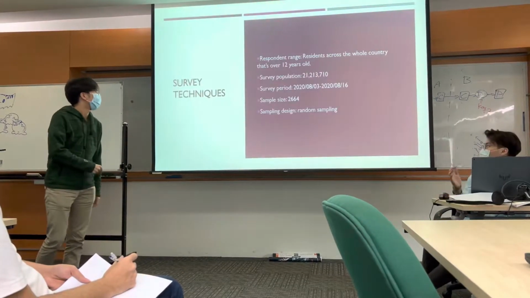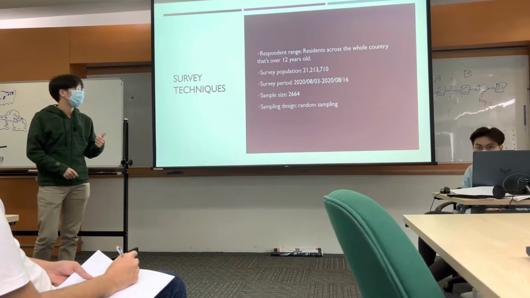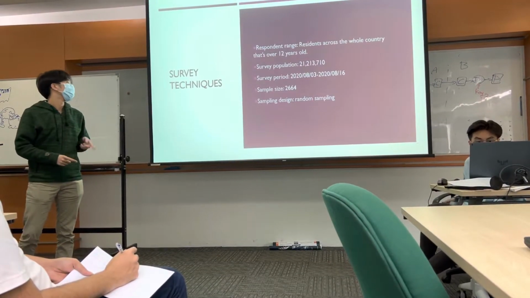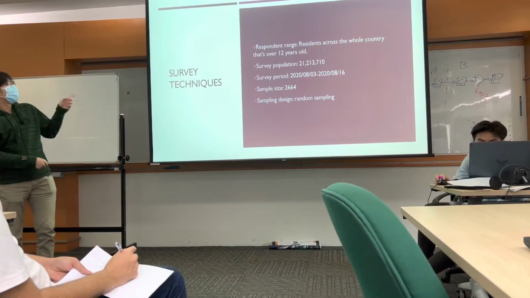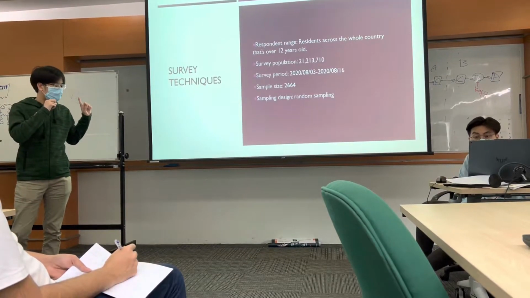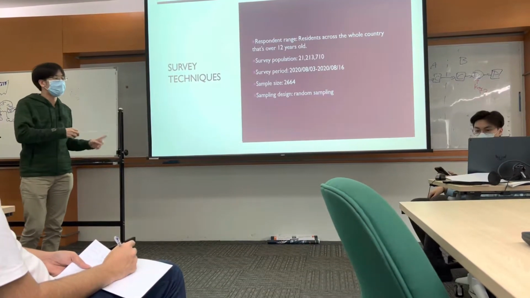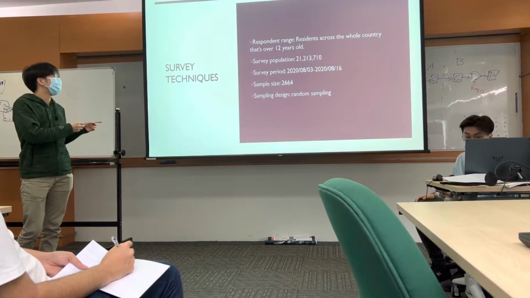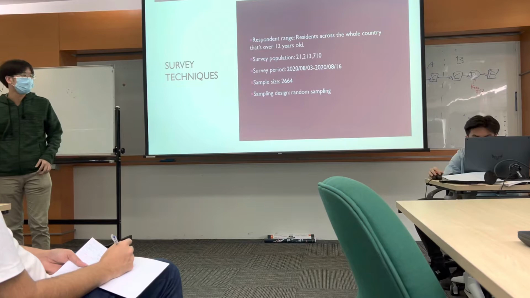Okay, so first of all is the survey technique, which is also the data tracking. The survey's respondent range is the residents across the whole country, which is Taiwan, and it's people 12 or over 12 years old.